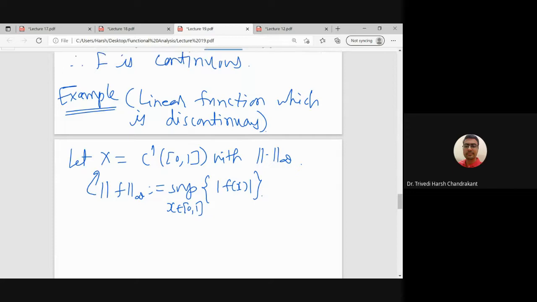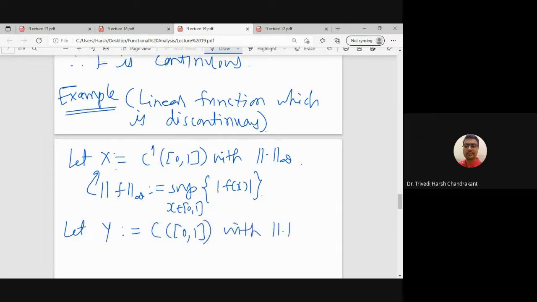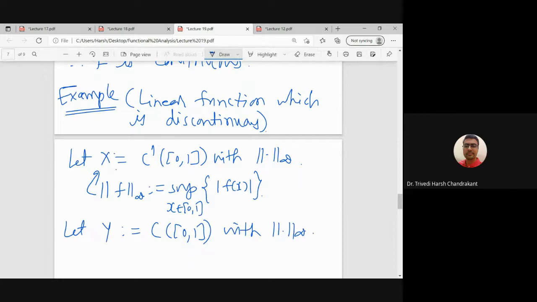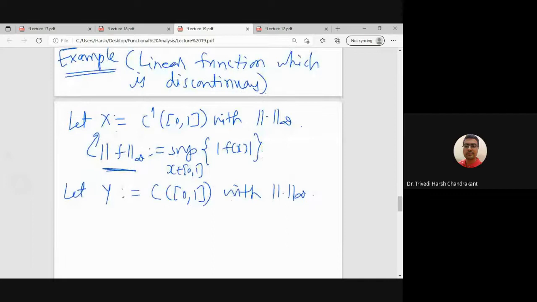We can check it easily. We already checked that this is a norm on C[0,1], but it is also a norm on C1[0,1]. And with respect to this norm, the codomain Y is the set C[0,1] with the same supremum norm. So the same norm we are defining over domain and codomain.